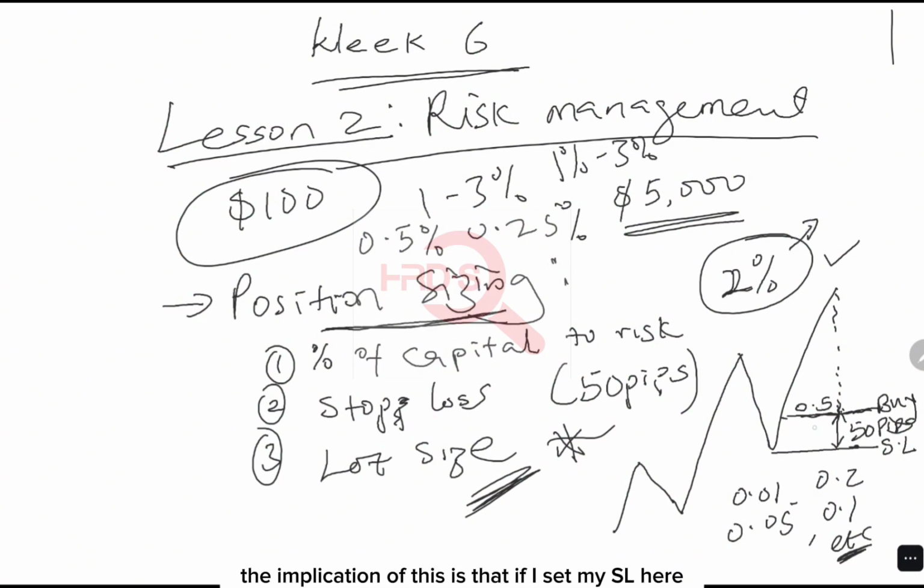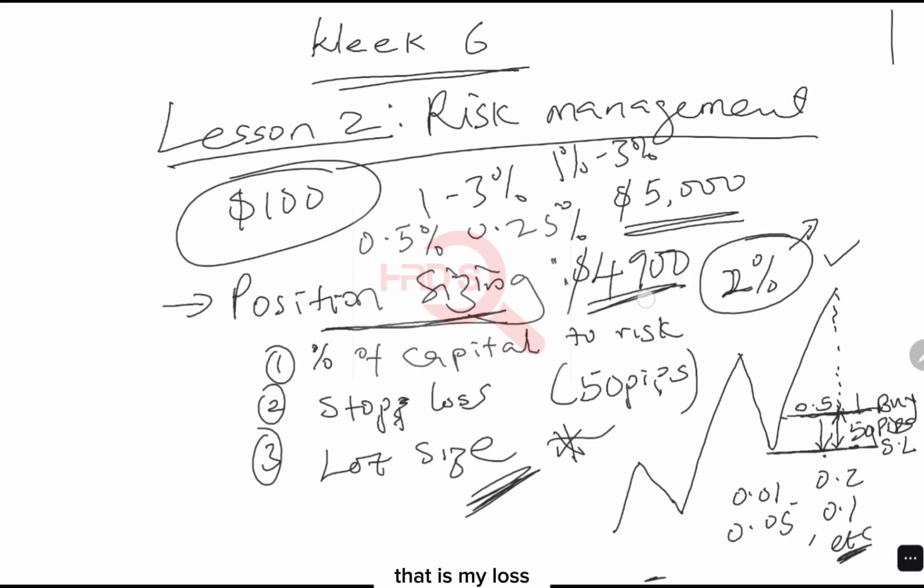The implication of this is that if I set my SL here and use 0.5, if market comes and hits my SL, what I'm going to have left will be 4,900. That is, my loss will be $100. So my equity reduces to 4,900, or my capital reduces to 4,900.